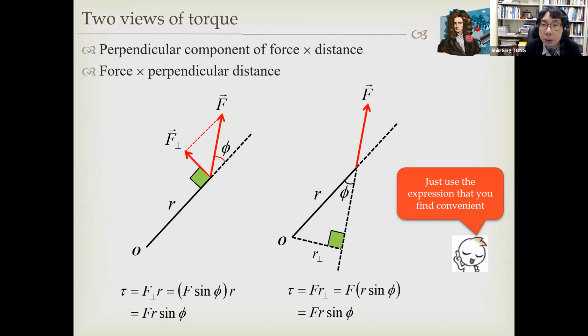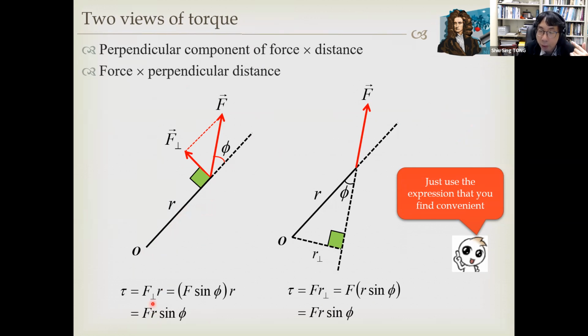Now there are actually two views of torque. What we defined in our previous slide is that we take the perpendicular component of the force and then multiply by the distance from the point about which the object is rotated.